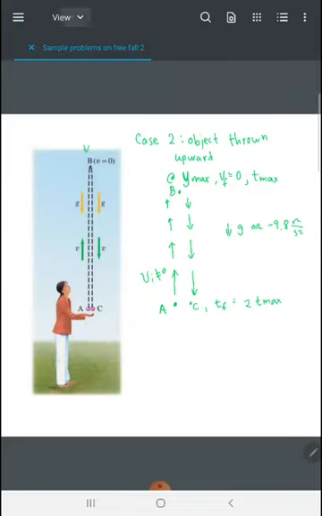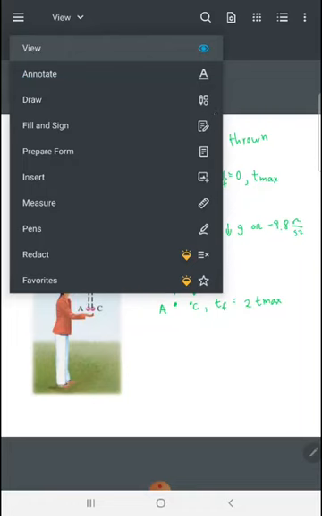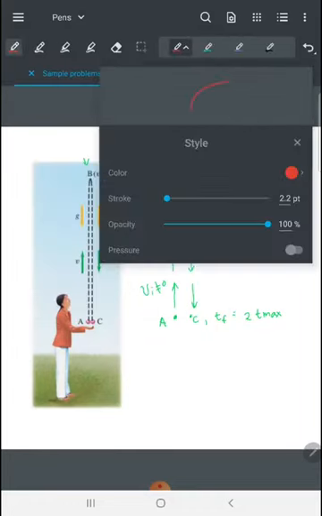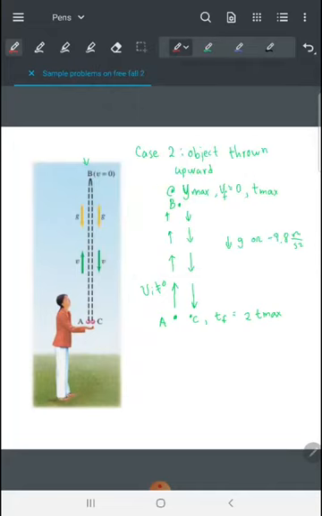What I mean is, kapag nasosolve ka ng free fall problem na ganito, yung A to C or A to B, time from A to B is equal to time from B to C. Equal lang yung pag-akyat mo sa pagbaba.